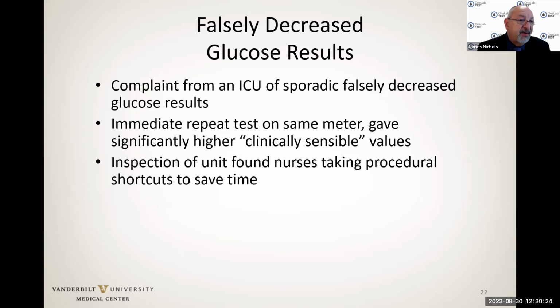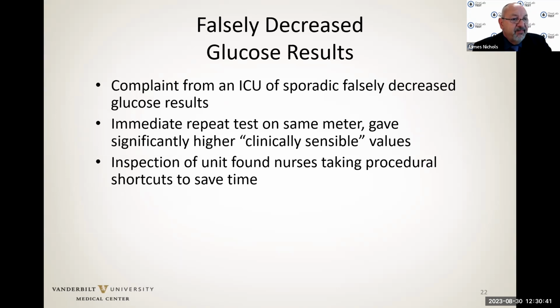So instead of keeping them tightly capped as they were trained, they wanted to speed up and do the test as quickly as possible, get back to their patient, because that was the most important point in their mind, rather than following step by step how they had been trained.